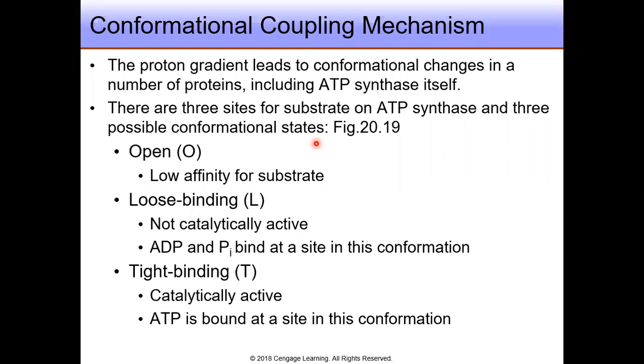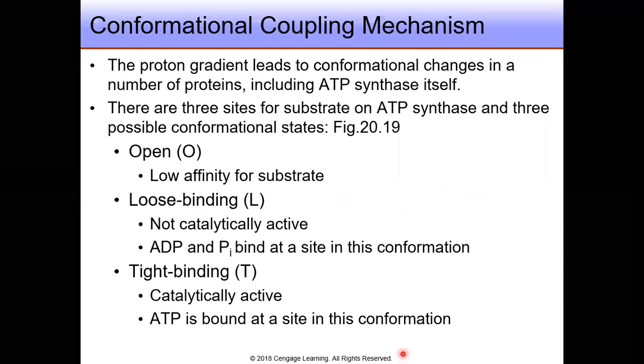Recent evidence appears to show that the proton gradient is involved in the release of tightly bound ATP from the synthase as a result of this conformational change, as you will see in the following figure.